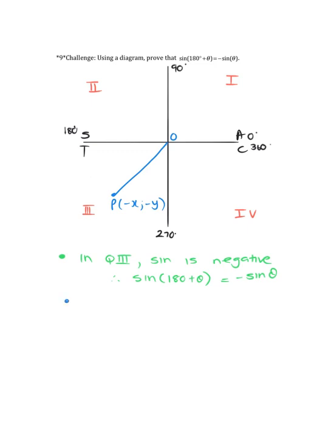So perhaps somebody would have said that since sine theta is equal to negative y over r in quadrant 3, therefore sine 180 plus theta equals negative sine theta. Yeah, just something along those lines I think is more than good enough.